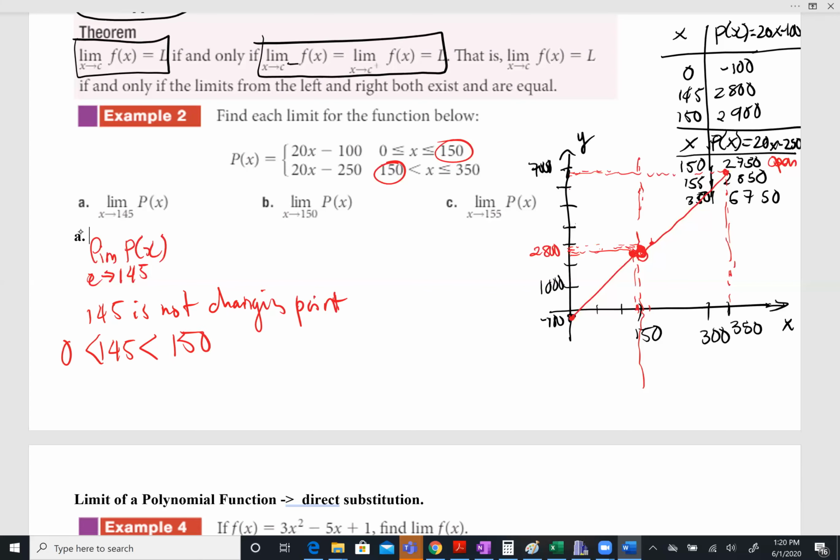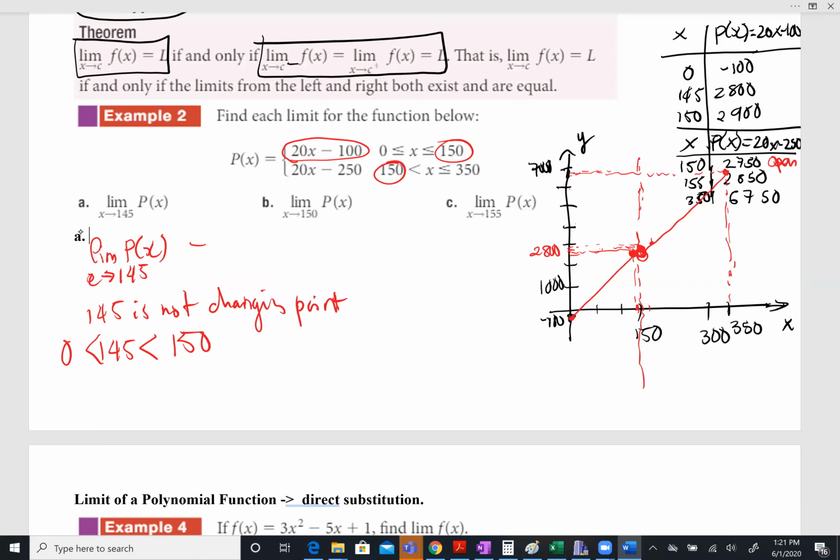So you can right away plug 145 into the first piece of the function. Because first, 145 is not a changing point, and second, 145 is just inside the interval of the first part of the function.